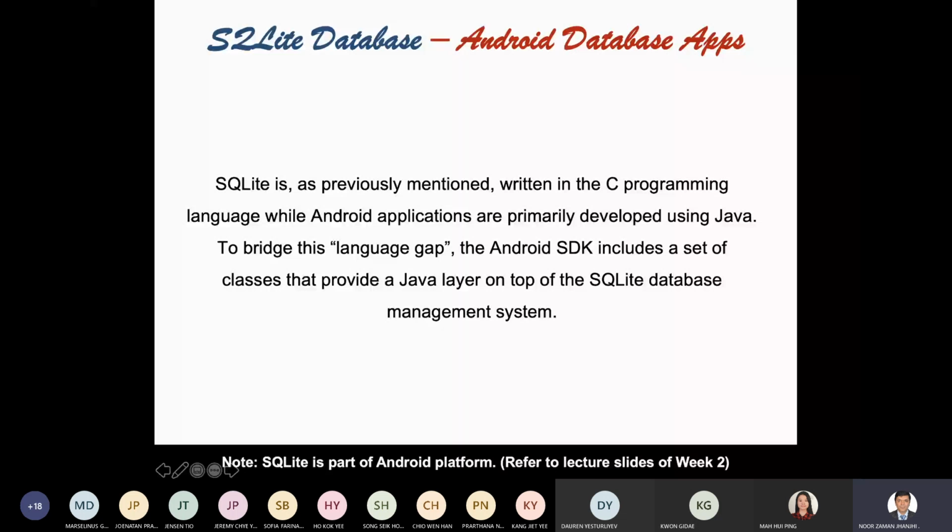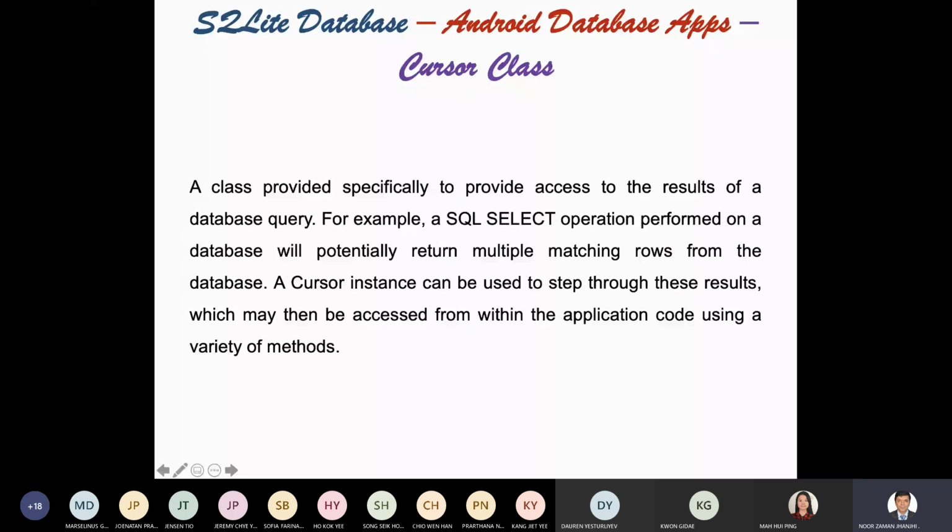So now, what additional classes do we require? Suppose we were doing a lot of applications previously in your labs, in your sessions. You notice that we have one or two Java class files, then the manifest file, the XML file for the design, and the code file to make it interactive.